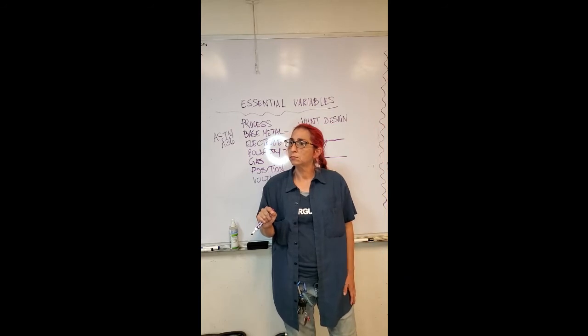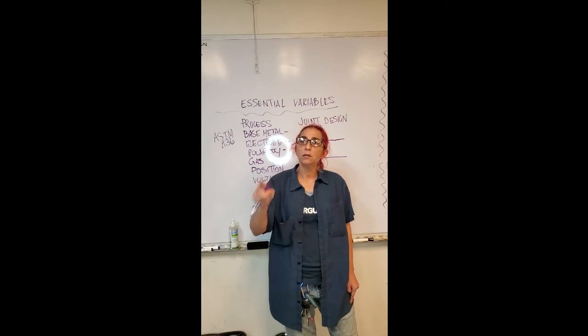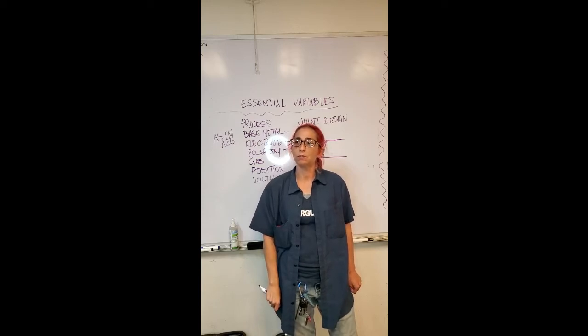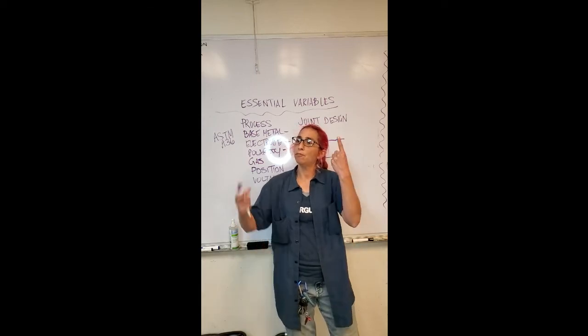Because the flow of the metal. Read to me under position. What does that say? Go like right below it. What does it say? Progression. Your progression, up or down.